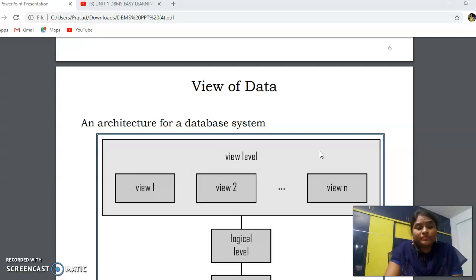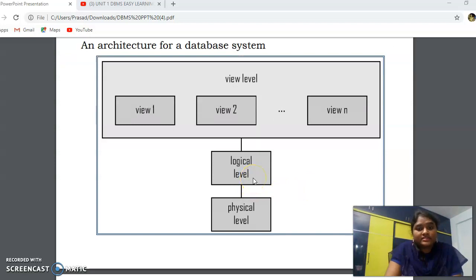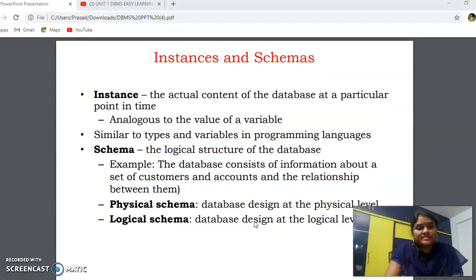There is no problem when many users interact with the database. So the view levels are given in many numbers. And second is logical level, and the last level, or the lowest level of this level of abstraction, is physical level.